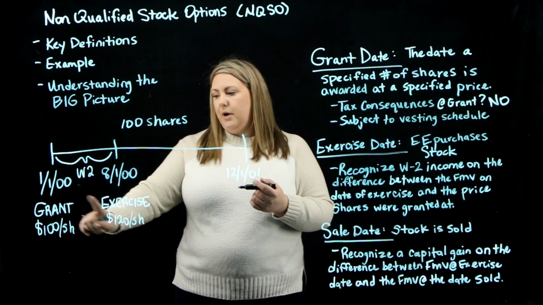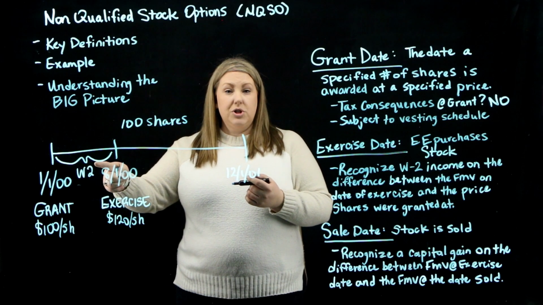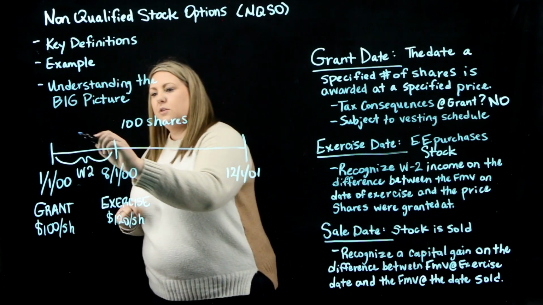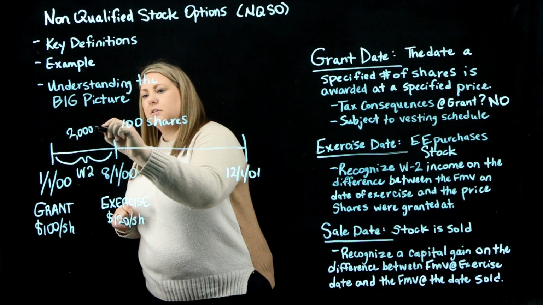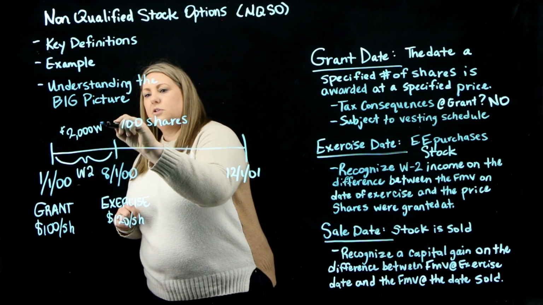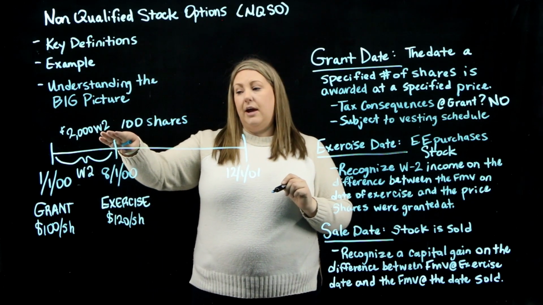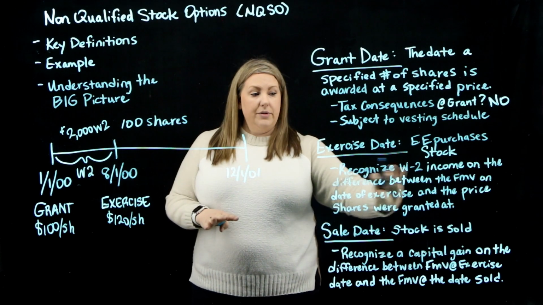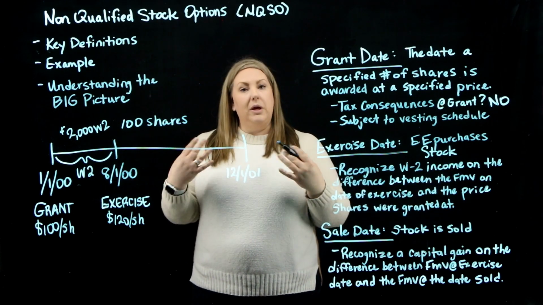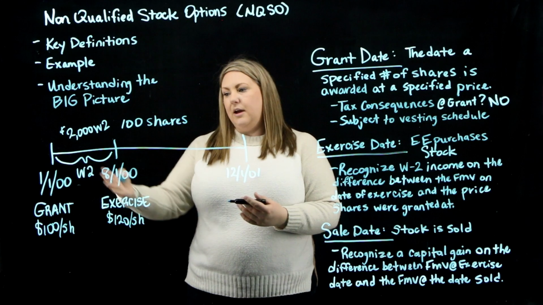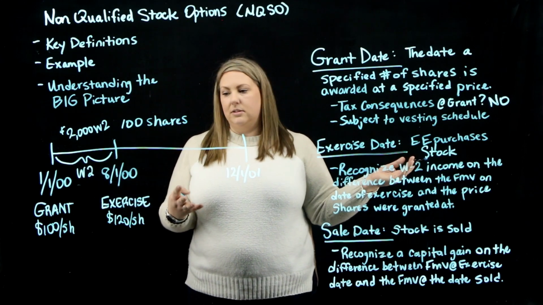So 120 minus 100, so $20 per share at 100 shares. So this is going to be $2,000 of W-2 income that you're going to actually need to do something with. So now this is going to be W-2 income. You're going to pay payroll taxes on this, income tax, just as if you had earned $2,000.